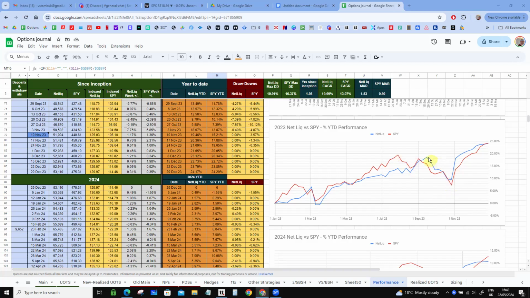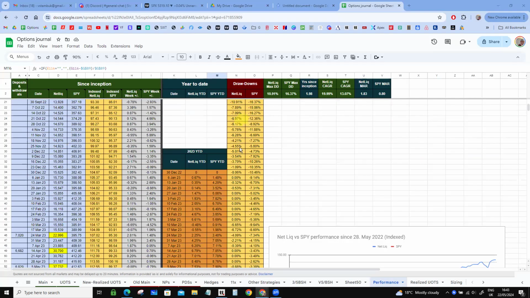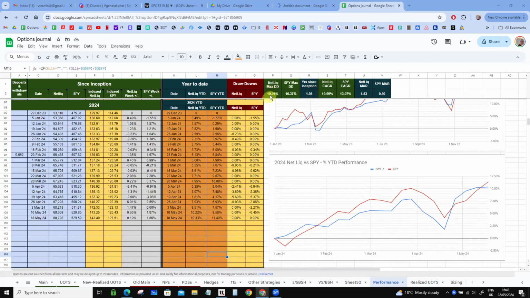From here, the blue one, to here, that's a drawdown. So in columns N and O, we have the maximum drawdown on that particular date, and it continues as we go on. And then here it shows the largest one of all, since inception.